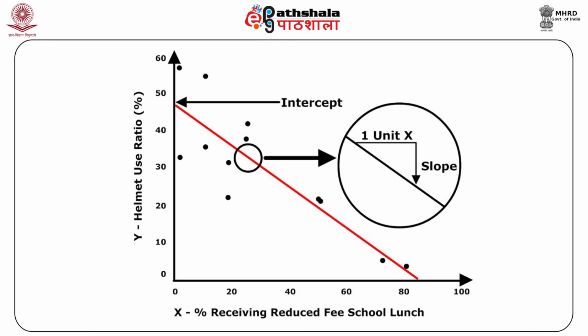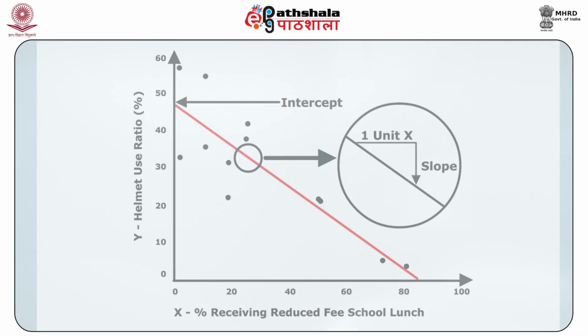Now, making the interpretations, we find the regression line in the figure. The slope in the regression model is the average change in y per unit x. Thus, the slope of -0.54 predicts 0.54 fewer helmet users per 100 bicycle riders for each additional percentage of children receiving reduced fee meals.